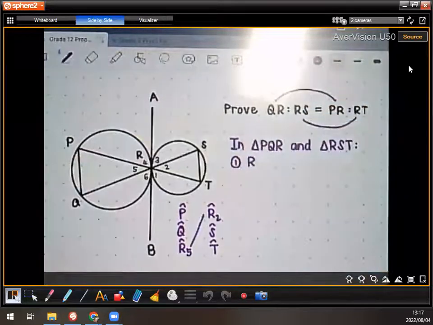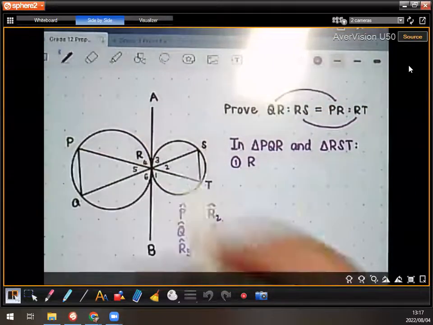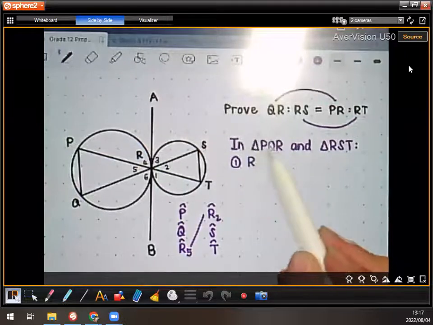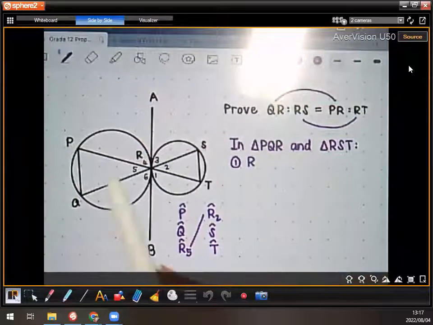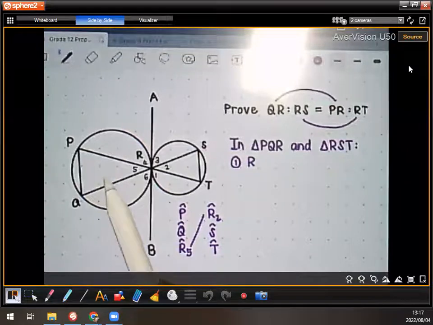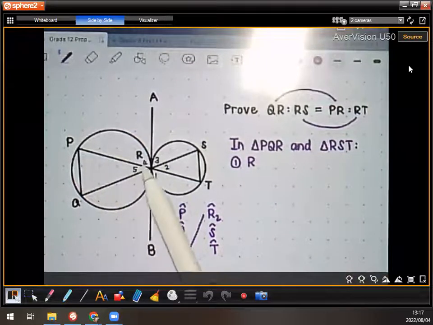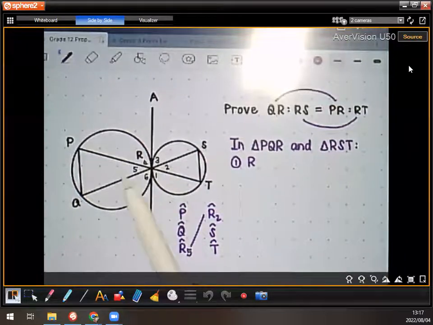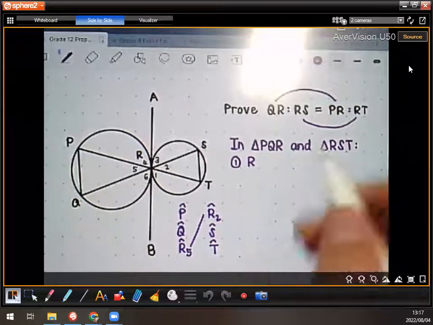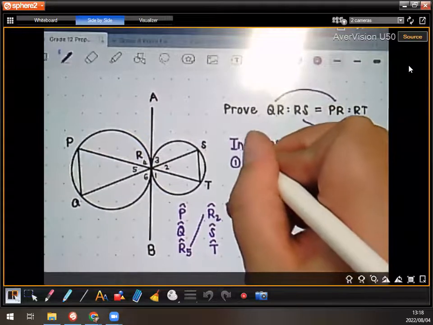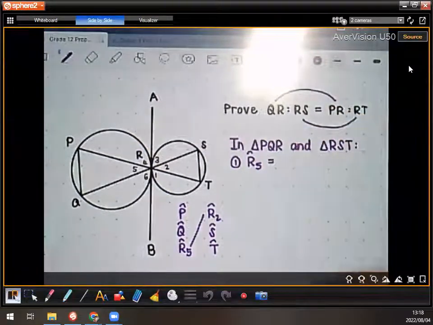Now guys, another thing about the order here: if you've written PQR first, you have to write PQR's angles first as well. So which R angle is in PQR? R5 is in this one, so I have to write R5 first.